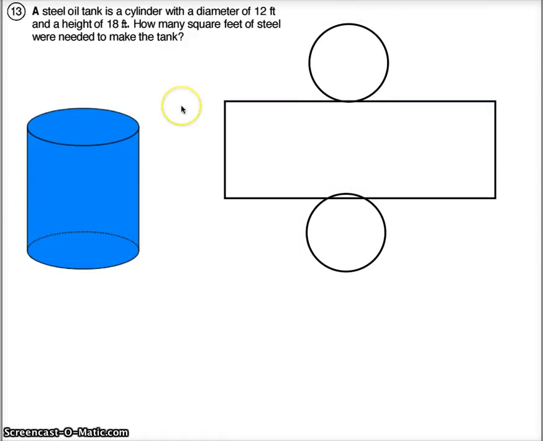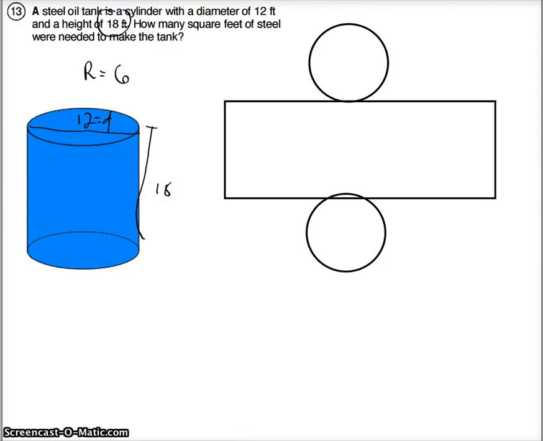Then I'll fill in the data that I have. A diameter of 12, from here to here is 12. But again, I don't want my diameter, I want my radius. So my radius equals 6. My height from here to here is equal to 18 feet.